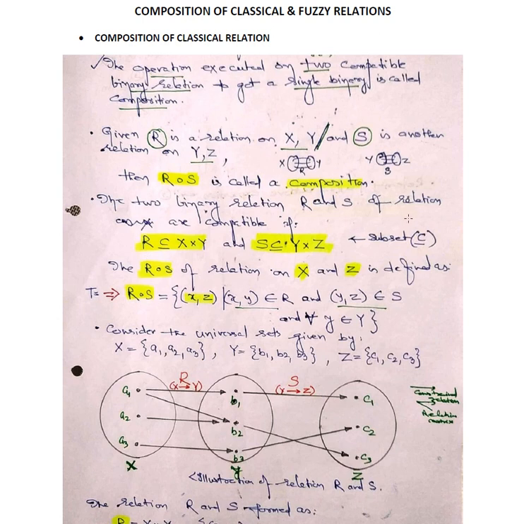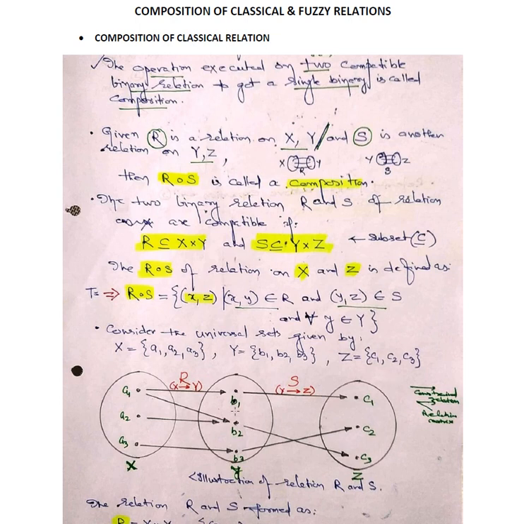The two binary relations R and S are compatible if R is a subset of X cross Y. That means X is a separate universe of discourse where you have elements, and Y is a separate universe of discourse, and from these two you create R. So R is a subset of X cross Y. Similarly, S has Y as a universe of discourse, and Z is another universe of discourse with a set of elements.